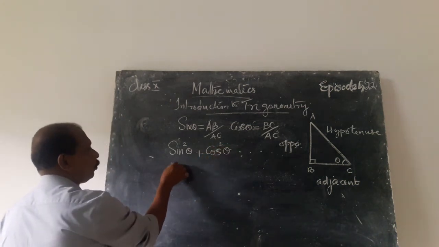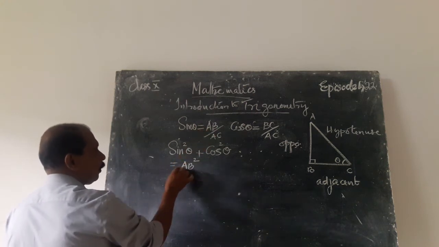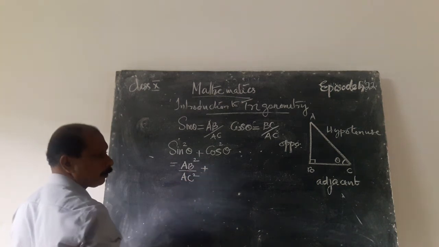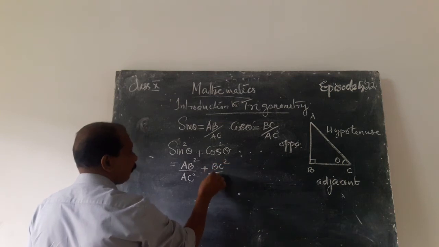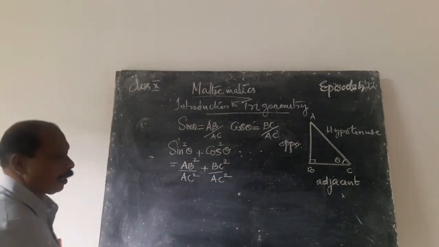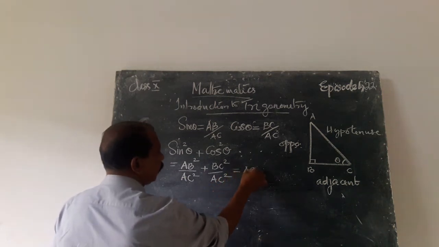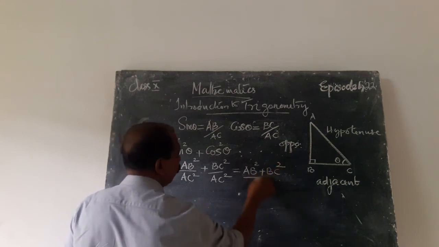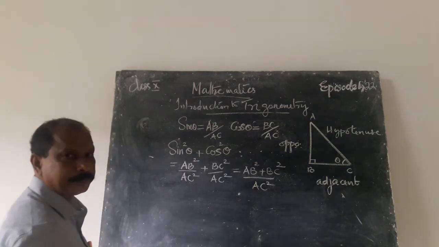is equal to AB square by AC square plus BC square by AC square. Therefore, the same denominator, that is AB square plus BC square, the whole divided by AC square.